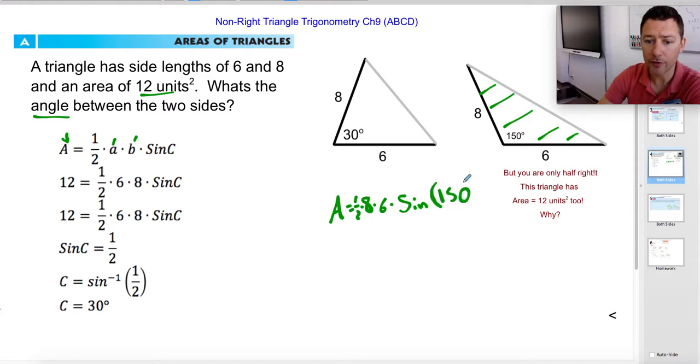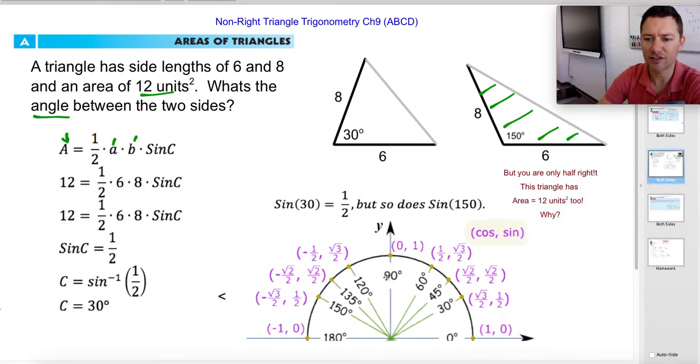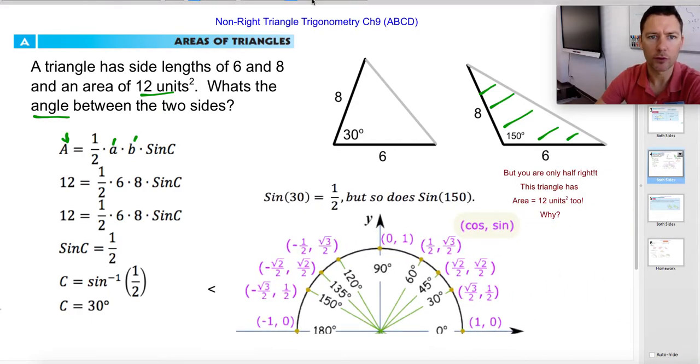And if you throw that in your calculator, you'll get 12 also, right? This is the case because 150 has the same sine as 30. If you look at, here's 30, here's the sine of 30. Over here at 150, you have the same sine because they're at the same height.